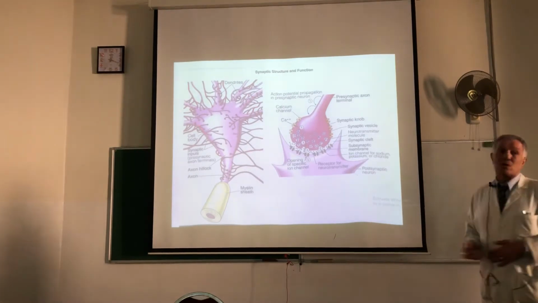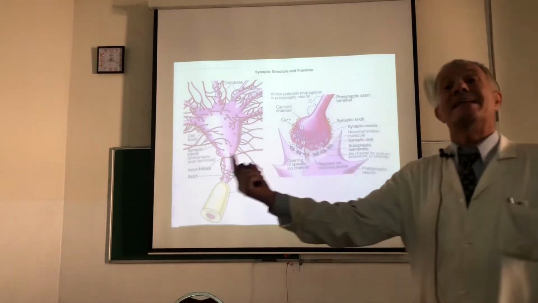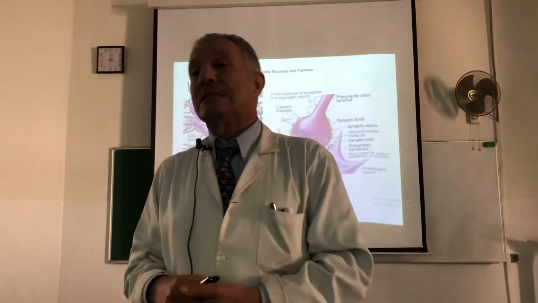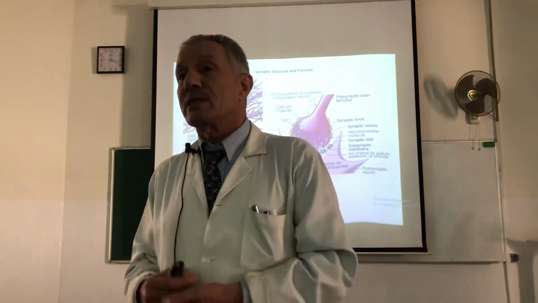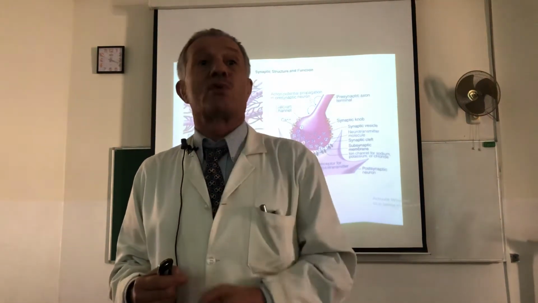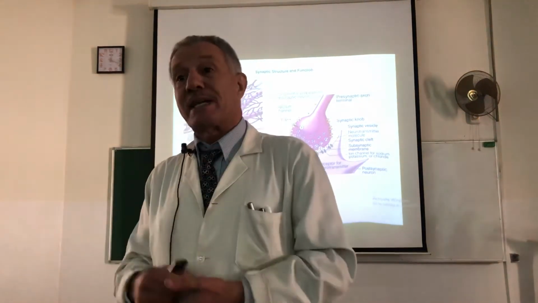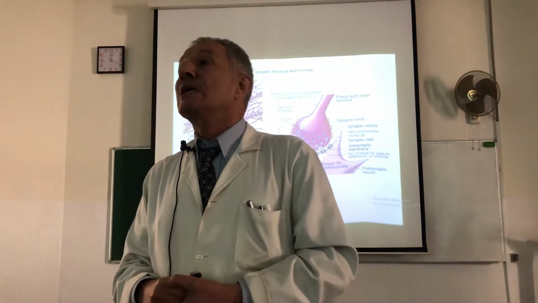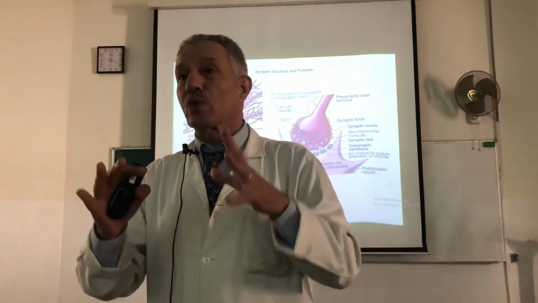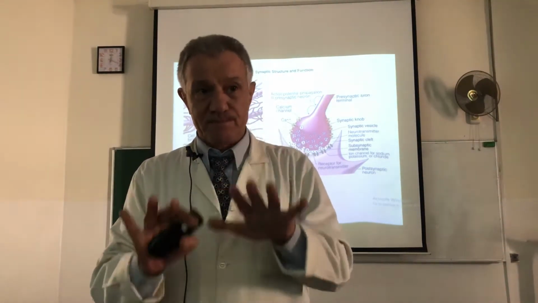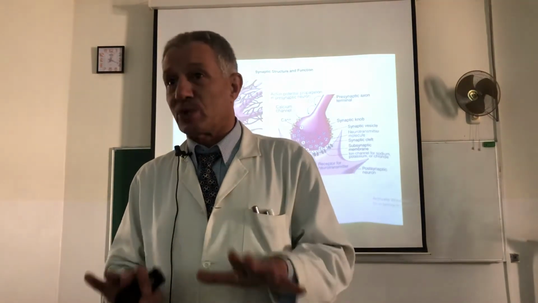Now the motor neuron is receiving many inputs, many presynaptic terminals synapsing with this motor neuron. Most of the presynaptic terminals are inhibitory, so they are trying to keep the motor neuron quiet without generation of action potential.